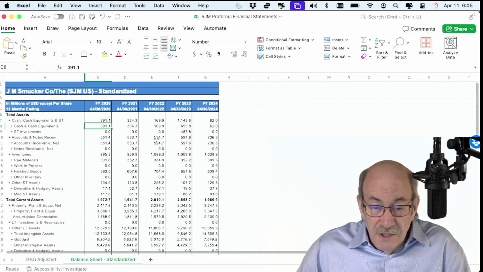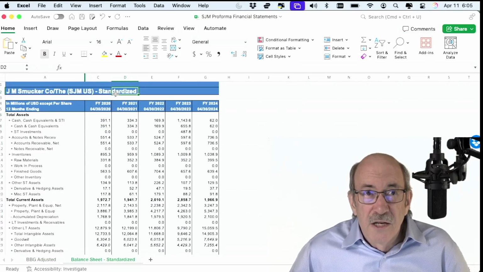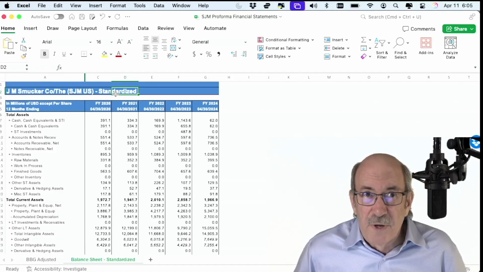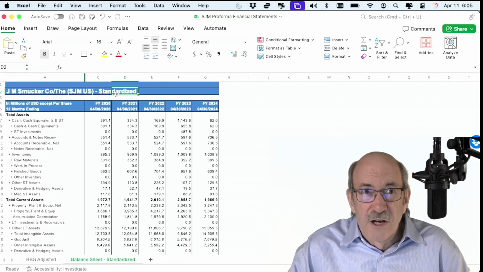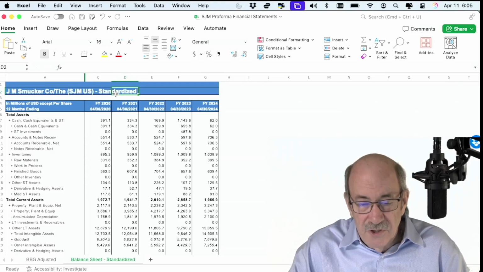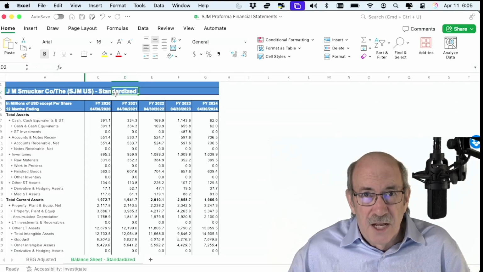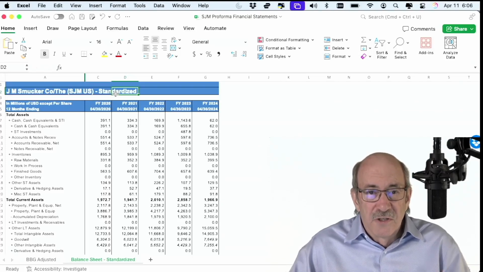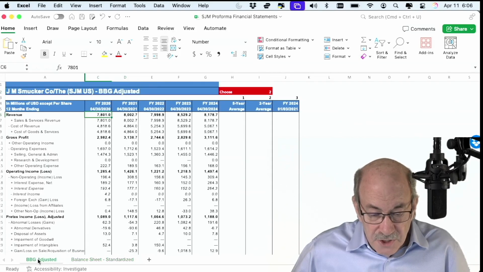And this balance sheet, although it says standardized, isn't truly a standardized balance sheet, because typically a standardized balance sheet in general parlance means that you've converted everything to a percent of total assets. What Bloomberg means by standardized is that they've standardized the account at the account level, so that when we look at one company versus another, we're going to see the same series of accounts. So don't make a mistake there.